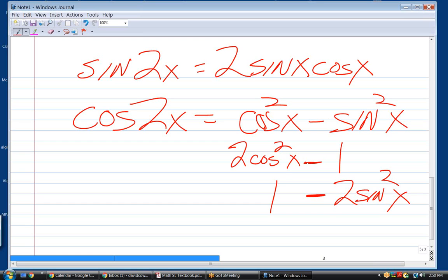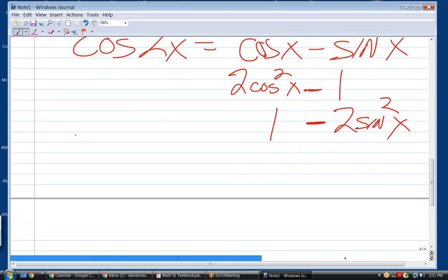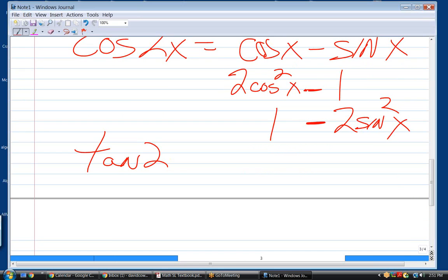Now, tangent of 2 theta. Let me tell you an easy way to remember tangent of 2 theta. Well, tangent of 2x, we memorized what tangent of x plus x was, right? What is tangent of x plus x?